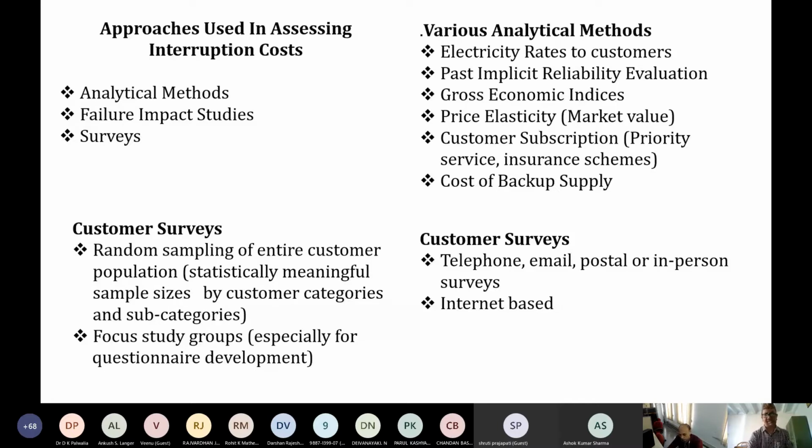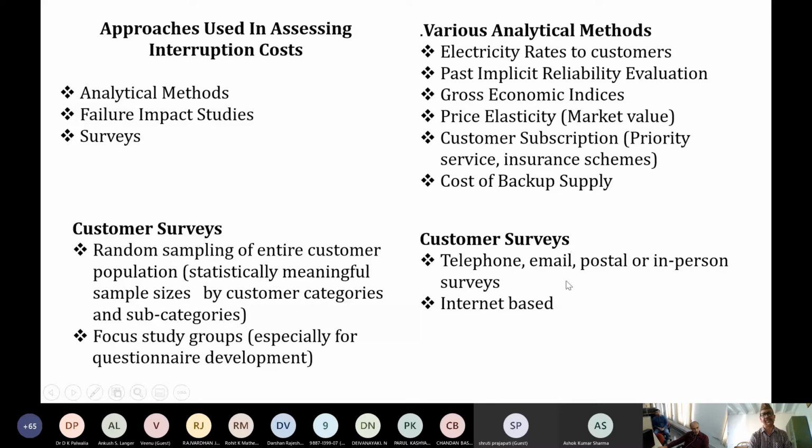Okay, and the customer survey can be carried out either by telephone. Obviously, these telephonic customer surveys are almost outdated. Or by emails or by prepaid postal service, in which you send the list of questionnaire that has to be answered by the customers in a prepaid mail, or in-person surveys.